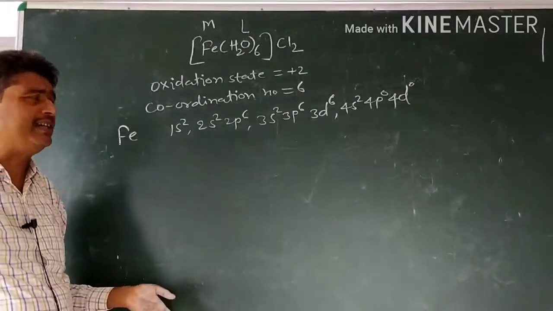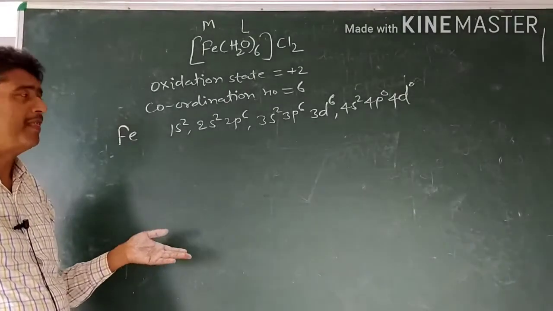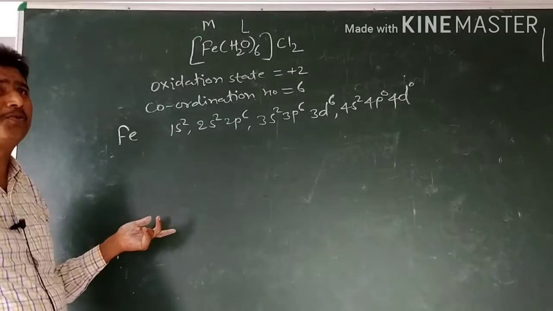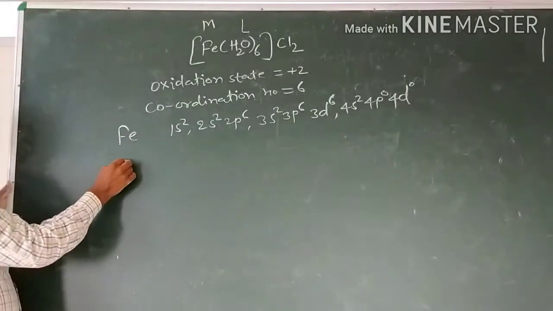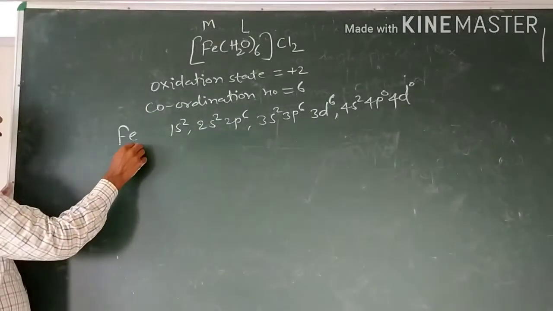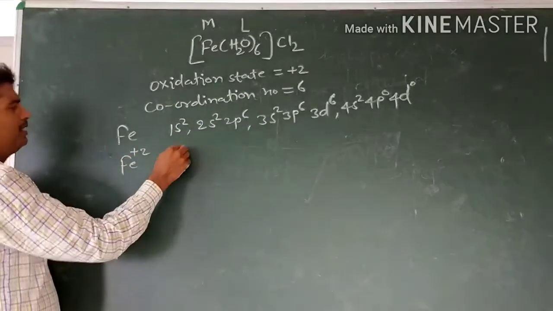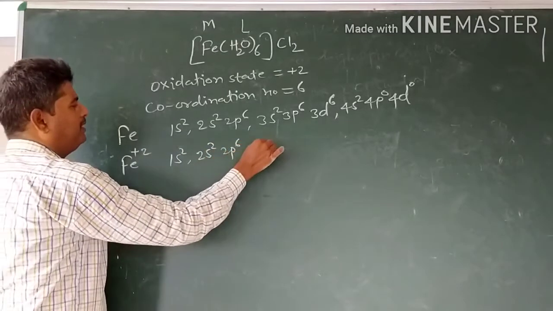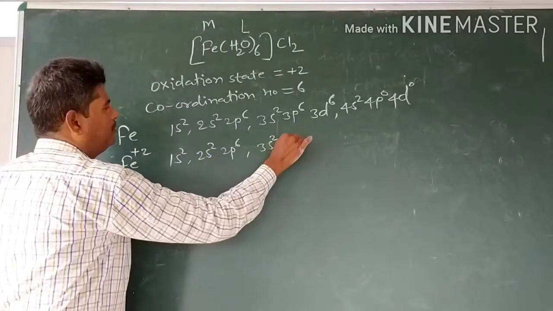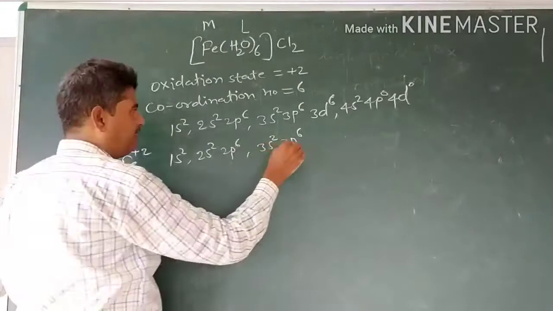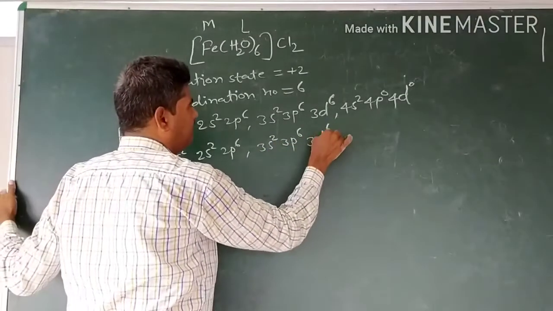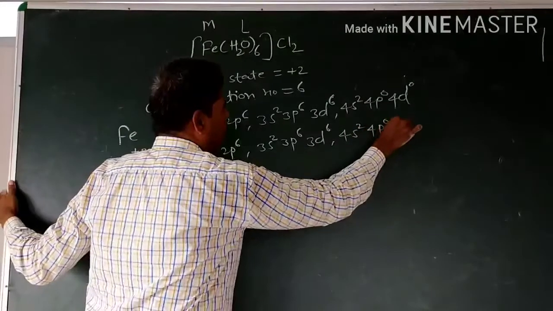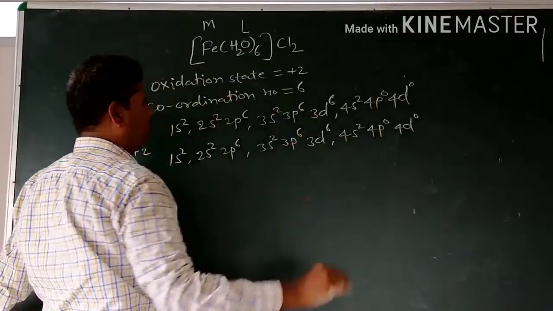So we will write electronic configuration for ferrous ion, Fe plus 2: 1s2, 2s2, 2p6, 3s2, 3p6, 3d6, 4s2, 4p0, 4d0.